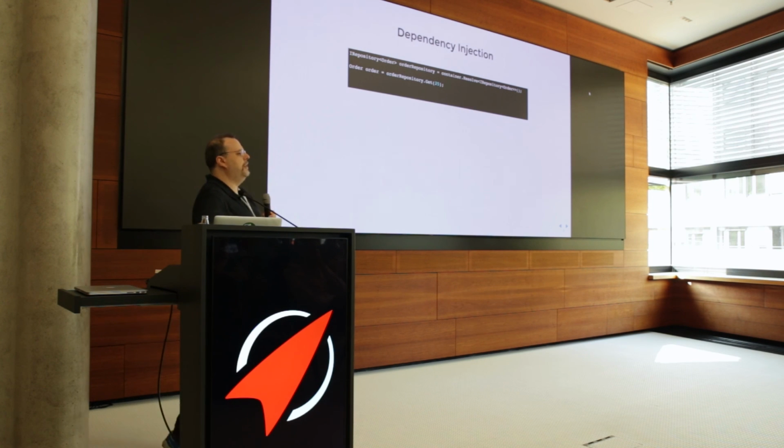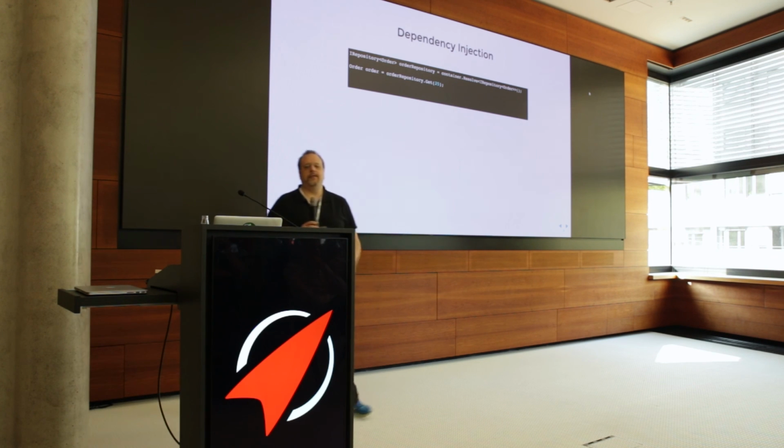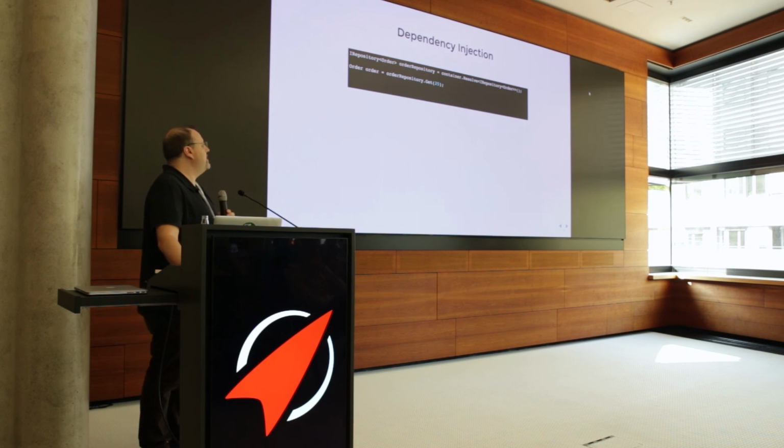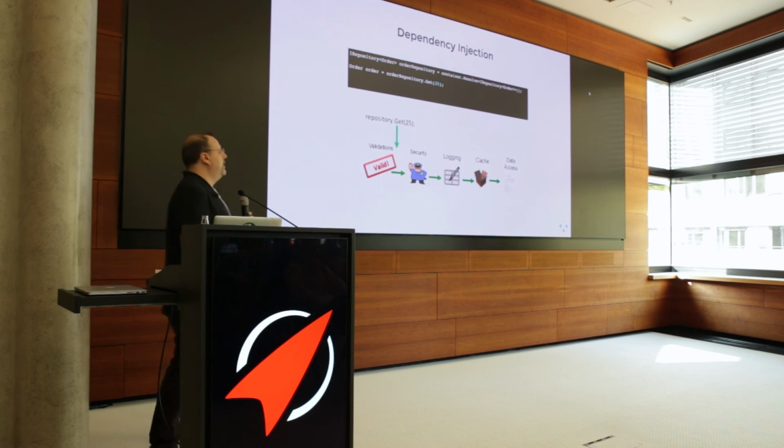Other stuff we cannot do: dependency injection. It's a wonderful world when you can do stuff like this, right? So you want to get an order, you need to get a repository, and the repository gets you the order, and there is a magic container that gets you all that you need. And this is fantastic because you're decoupling, right?